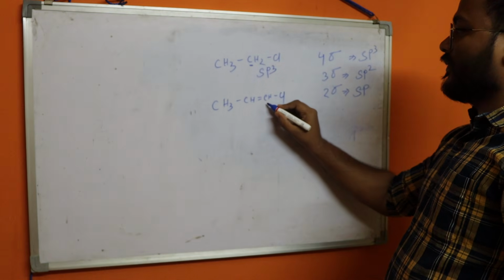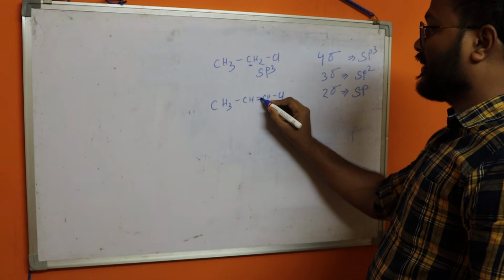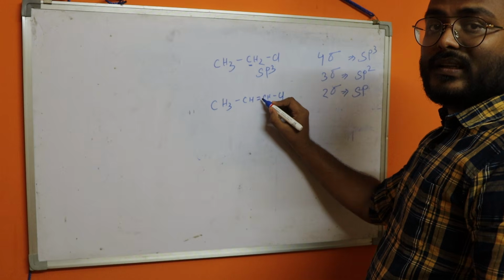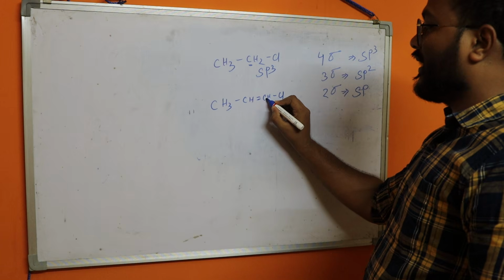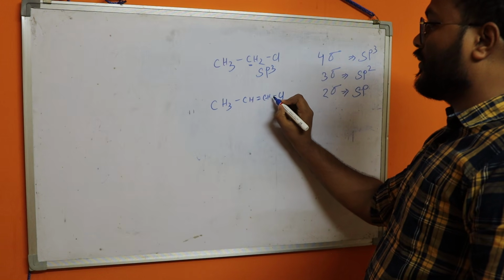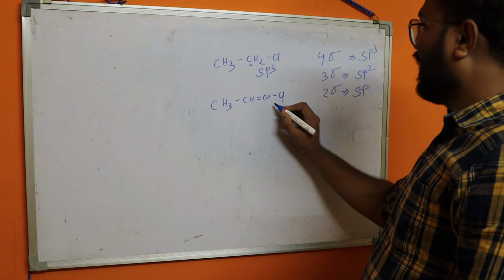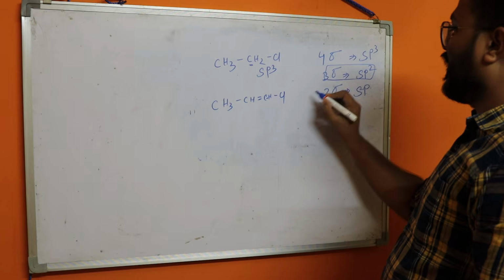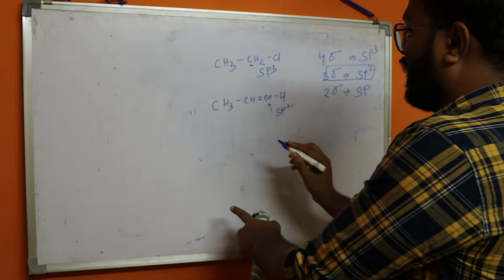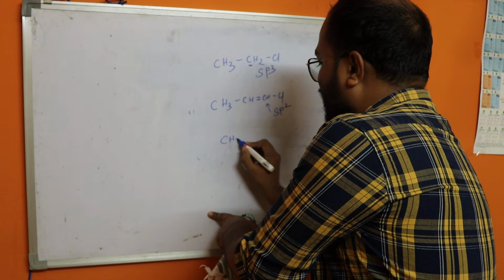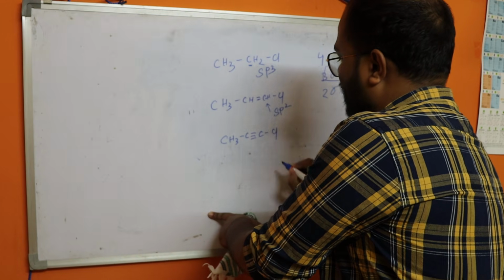Now this also can be there, CH3. For this carbon atom, if you calculate the total number of sigma bonds, there is a double bond, so one will be sigma and the other will be pi. From this side, one sigma bond with hydrogen, 1, 2 and 3. So the total number of sigma bonds is 3, and we know that 3 sigma bonds means sp2 hybridization. Now this can be like this also, CH3-C triple bond C-Cl.